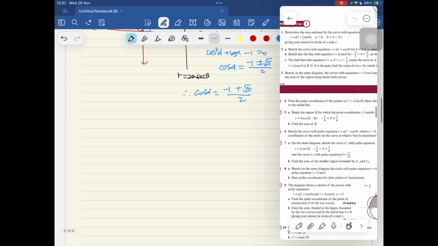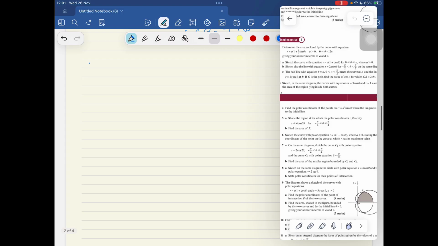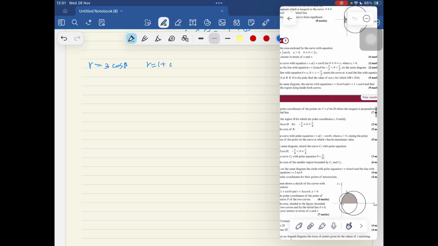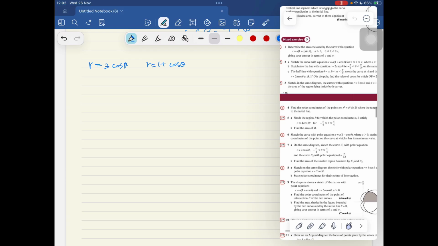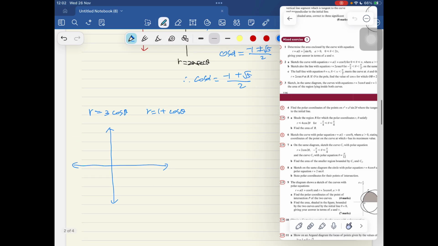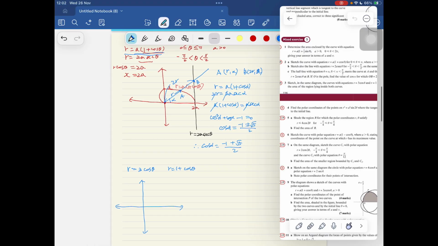And number 3: sketch on the same diagram r = 3 cos theta and r = 1 + cos theta, and find the area of the region lying inside both curves. The curve r = 1 + cos theta is the same as before, where a is 1.